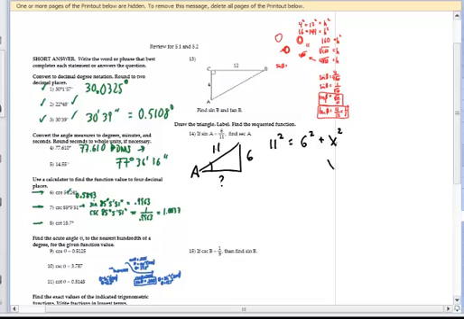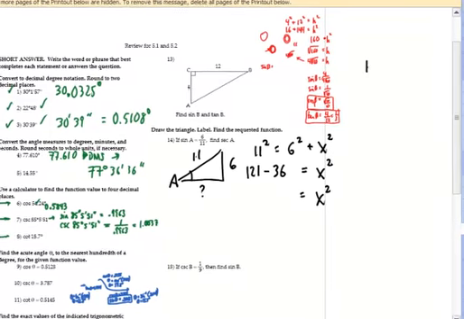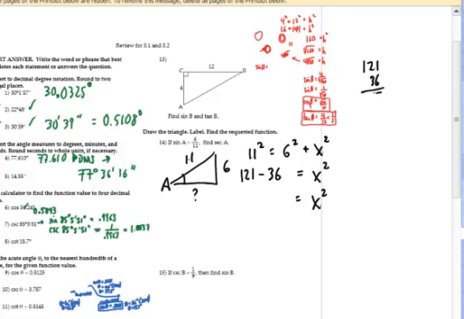So that is going to equal 121 for 11 squared minus 36 for 6 squared. And that's going to be 85. So x will equal root of 85.